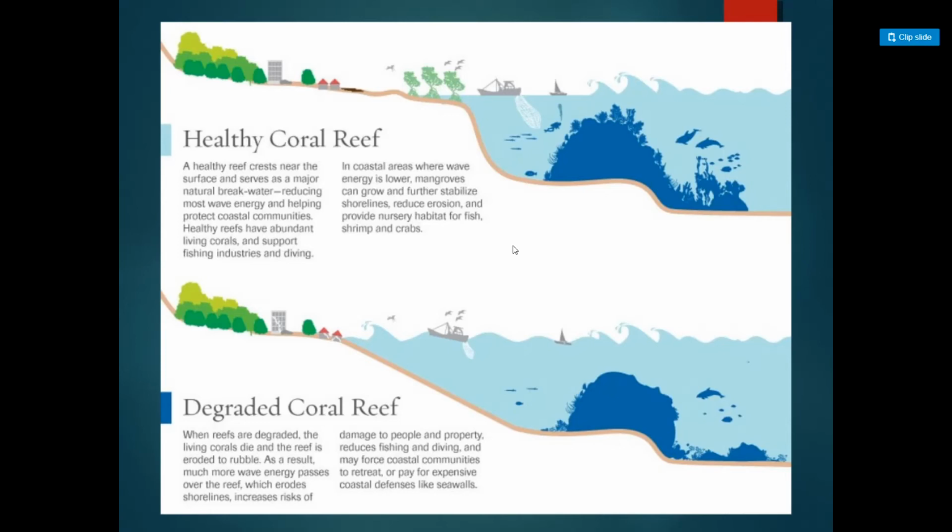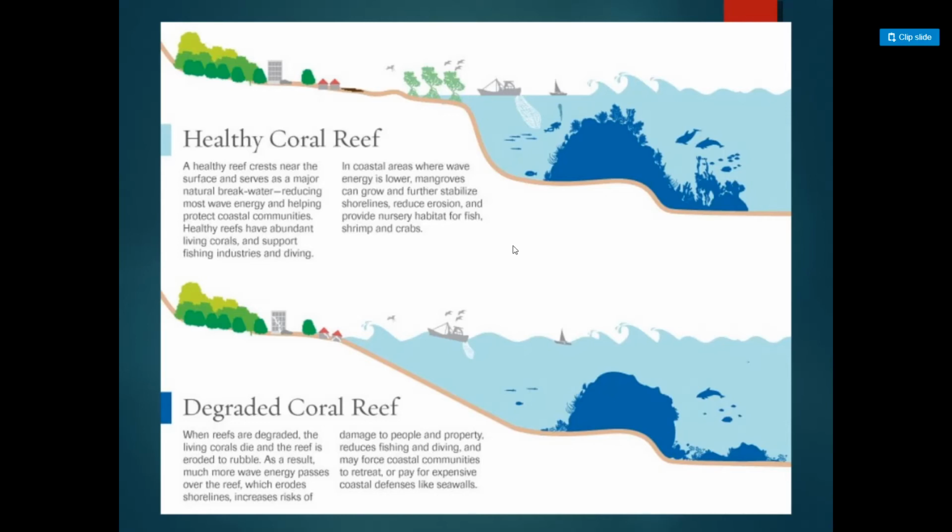If you don't have a healthy reef, A, you're going to have fewer fish. B, you're going to have a lot more dangerous waves and things like that. Closer to shore, you're going to have a lot more erosion. You're going to have higher water. You're going to have fewer mangroves.